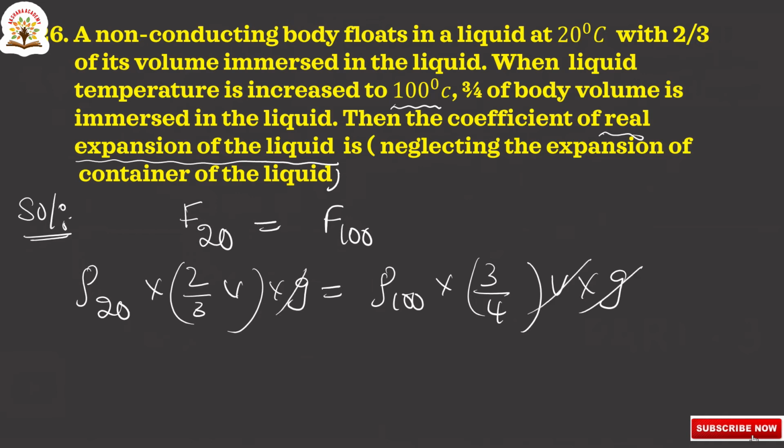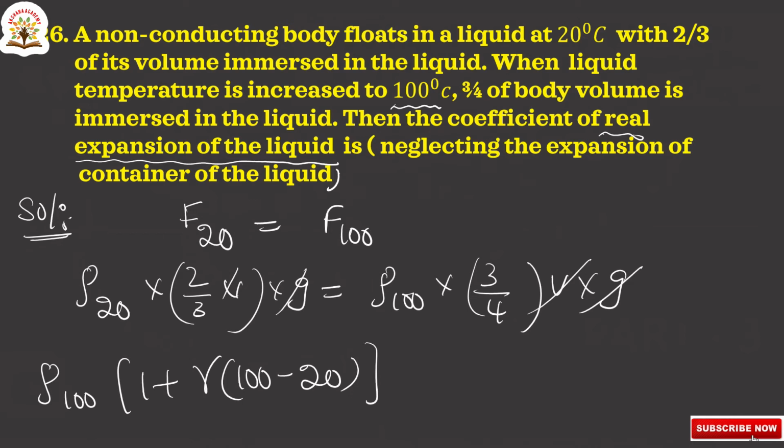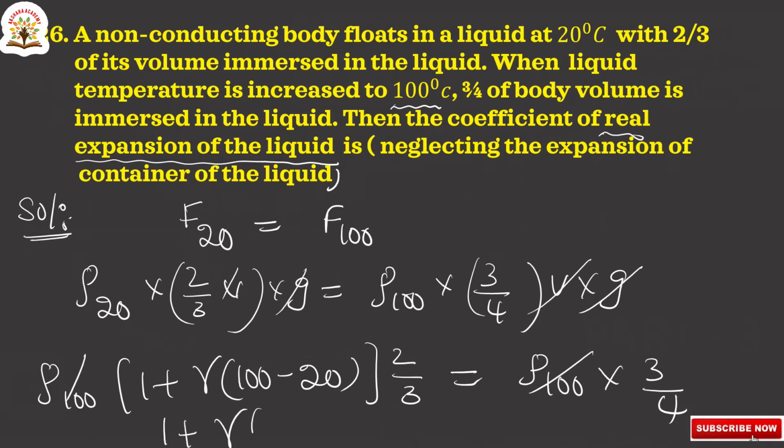This Vg gets cancelled, and this can be written as rho 100 of 1 plus gamma of 100 degree centigrade minus 20 degree centigrade into 2 by 3, that is equal to rho 100 into 3 by 4. Rho 100 just cancels on both sides, and next we write 100 minus 20, 1 plus gamma of it into 2 by 3, that is equal to 3 by 4.